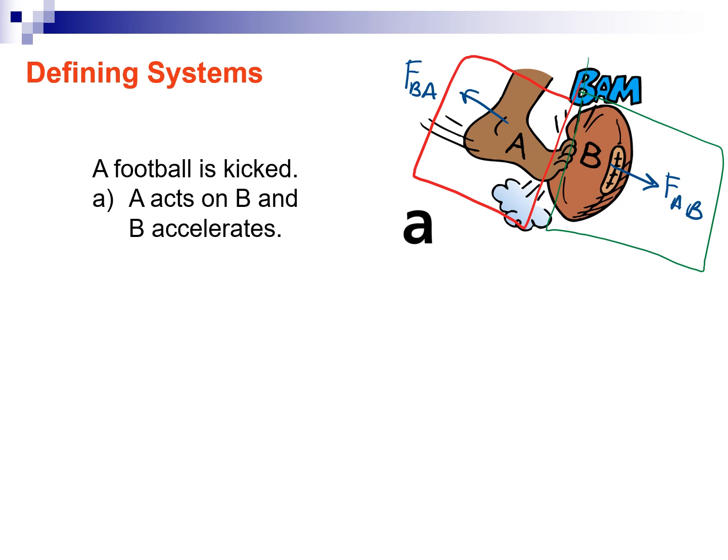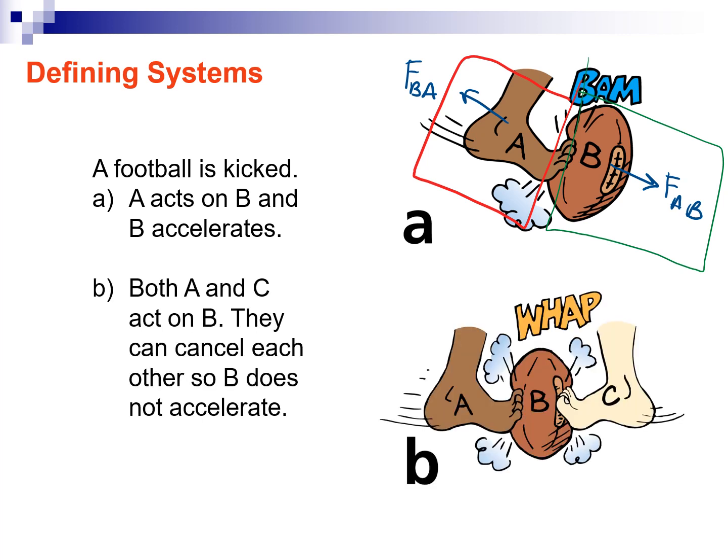Now check this case. Ouch. That looked painful. In this case, there are two pairs of action and reaction forces. Here is the first pair. There's a force of A on B, and the reaction to that is there's a force of B on A. As you see, they don't act on the same object.